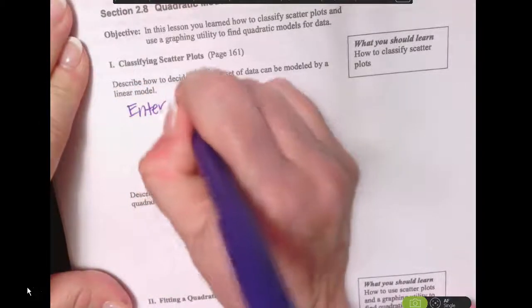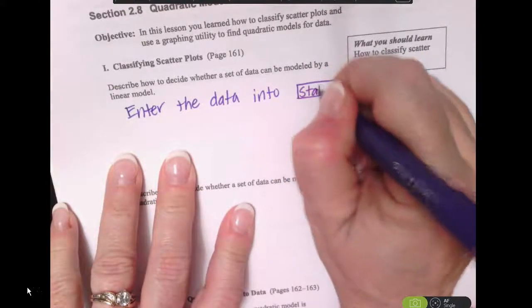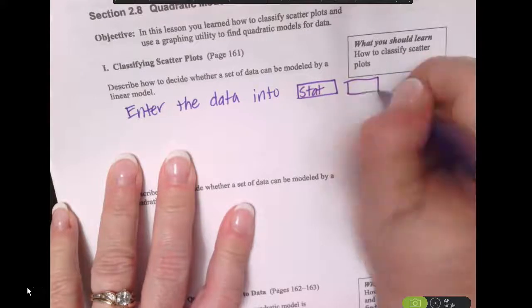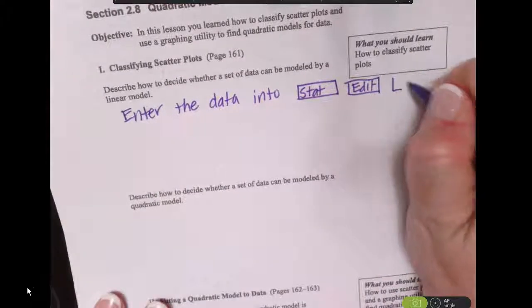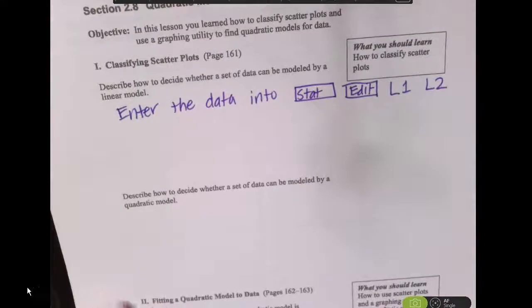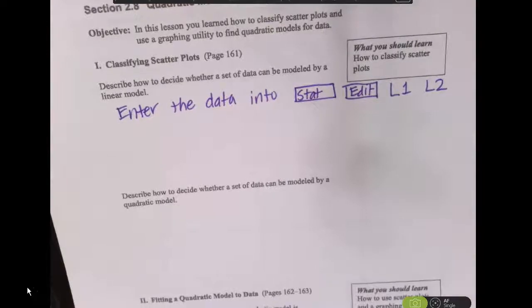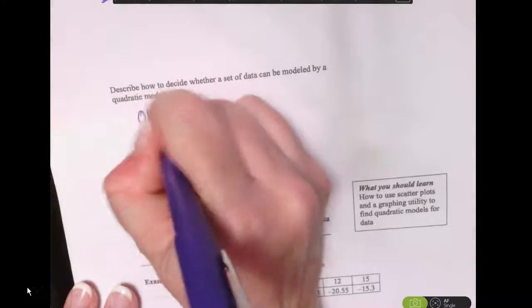Our decision making is going to be based on entering the data into your calculator, stat and edit, and you would enter it into L1 and L2. So you're just going to make your lists of your data, but then you need to observe the pattern.